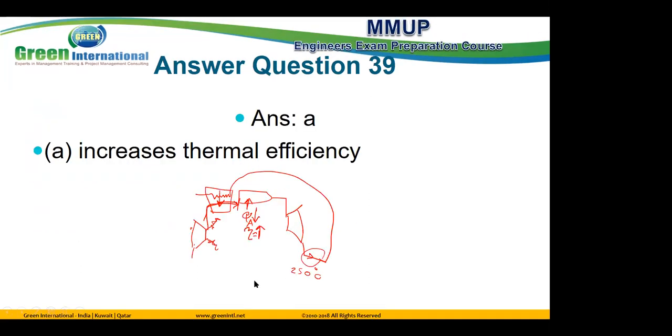Same as this. The output here is around 250 to 300. It is just a heat exchange between the exhaust line and the line coming from the compressor to the combustion chamber. Clear? Okay. Yes, sir.